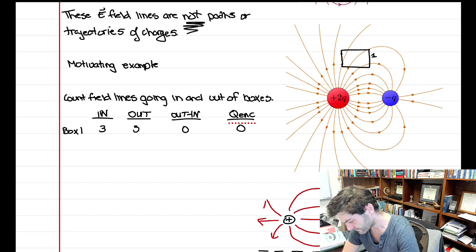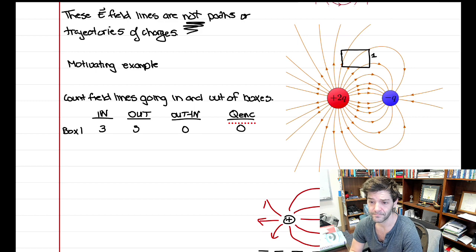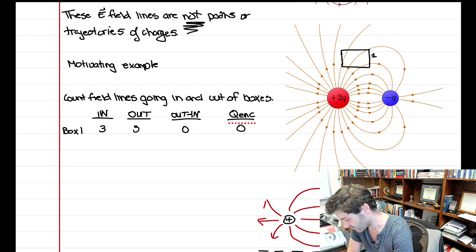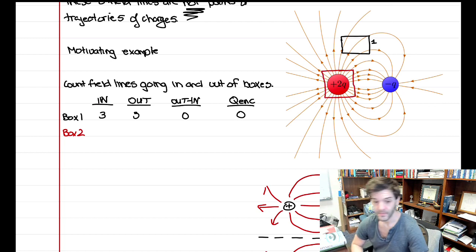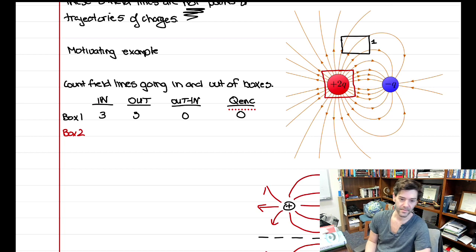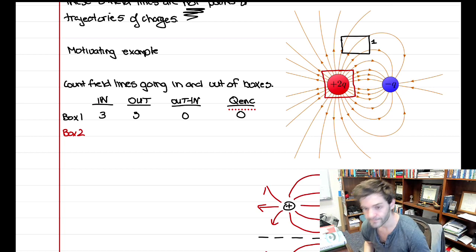Okay, that's fun. Now we can try something else. Let's try box 2, which I'm going to draw as a box that is only around that positive charge, plus 2Q.